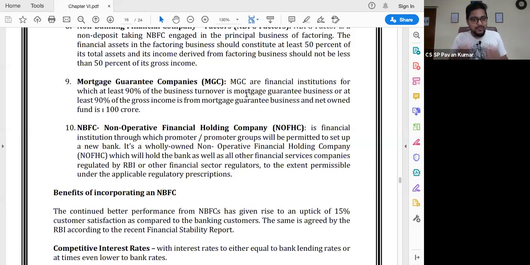So the sole purpose of registering this non-operative financial holding company is to incorporate another banking company and have this NBFC as its holding company. So these are basically the 10 different types of NBFCs that can be registered.